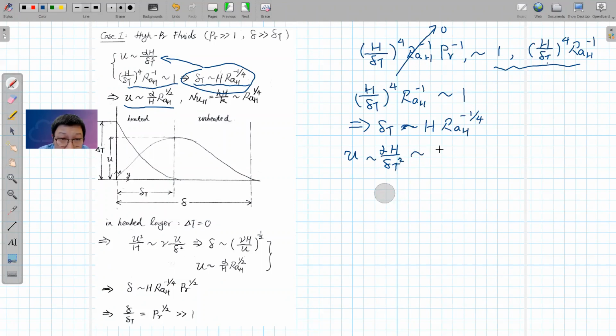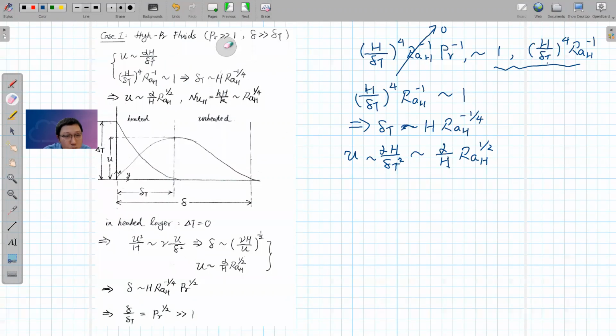So this will be approximately alpha over H times the Rayleigh number to the 1 over 2. Okay, so let me clean this up. These are the two important results we got from this scaling analysis when the Prandtl number is larger than 1.